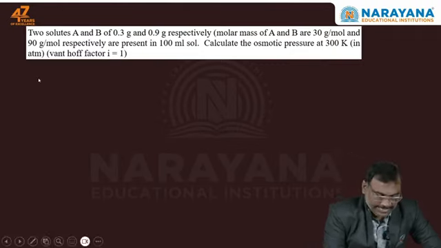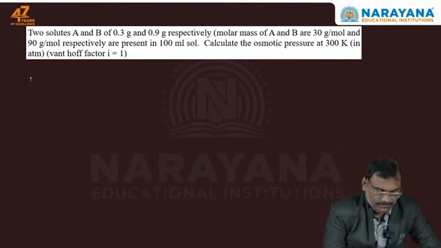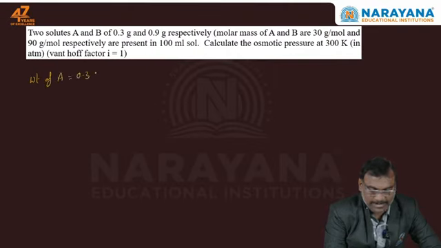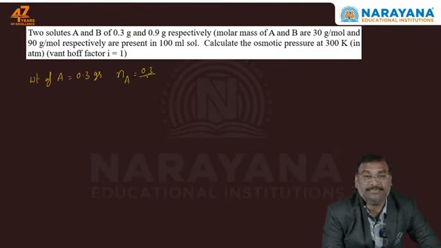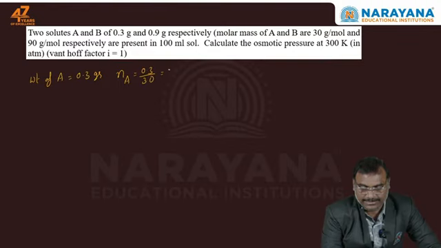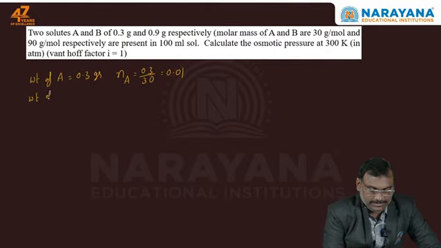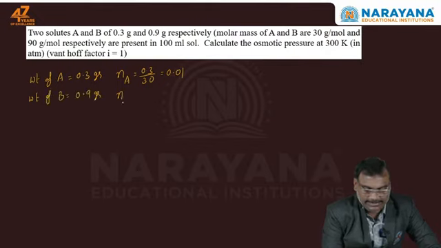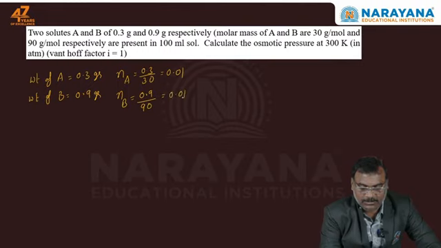So the weight of A is equal to 0.3 grams. The number of moles of A is 0.3 by 30, that is 0.01 mole, and given that the weight of B is 0.9 grams, the number of moles of B is 0.9 by 90, that is again 0.01 mole.